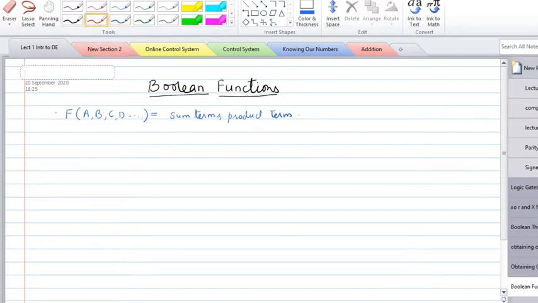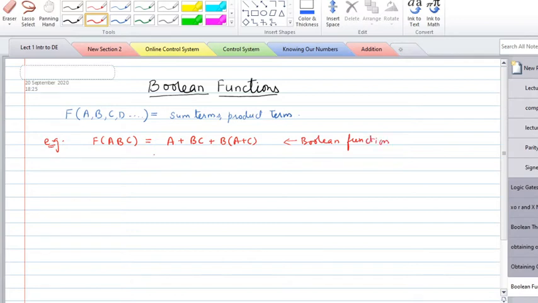Suppose we take an example that f of a, b, c is equal to a plus bc plus b a plus c. This is an example of a Boolean function. And why is it called a Boolean function?